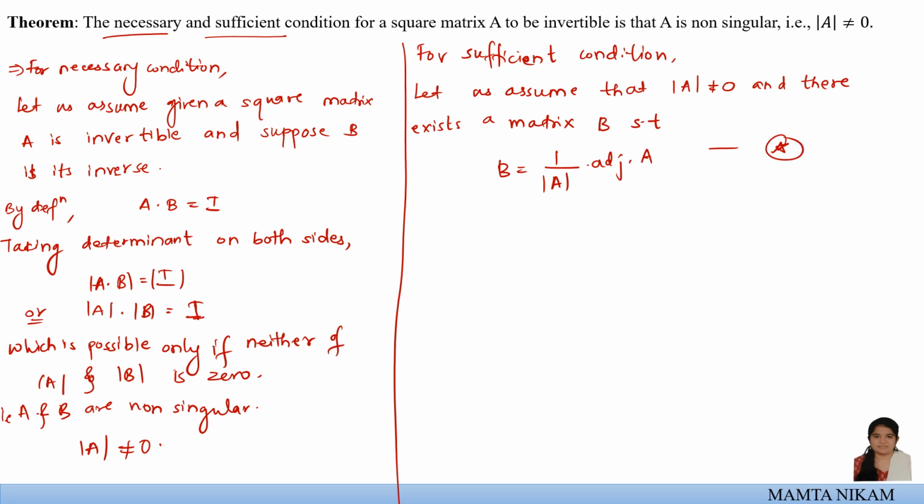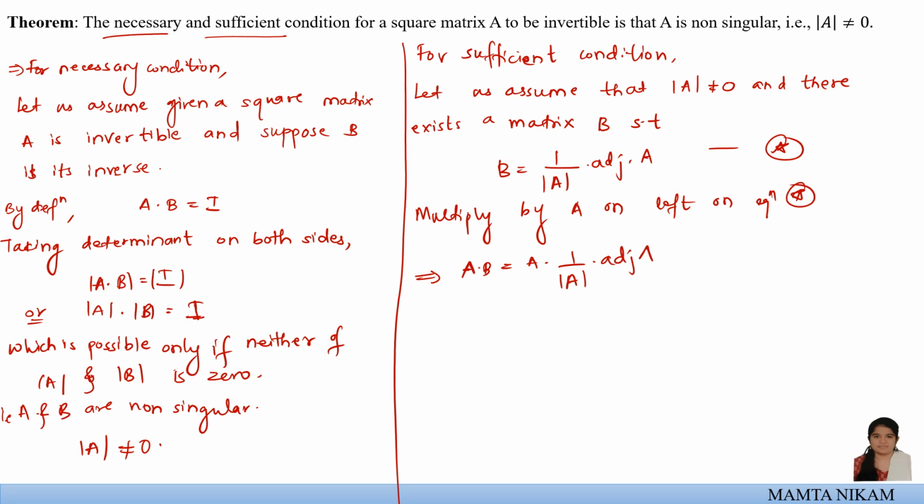Okay, now let us multiply by A on the left hand side of this equation. So क्या हो जाएगा, if we multiply by A on left of equation star, you can say, तो ये होगा A into B equals to A into 1/determinant of A into adjoint of A, right?